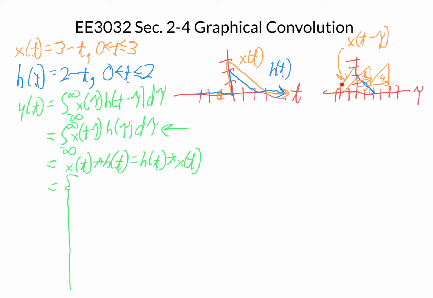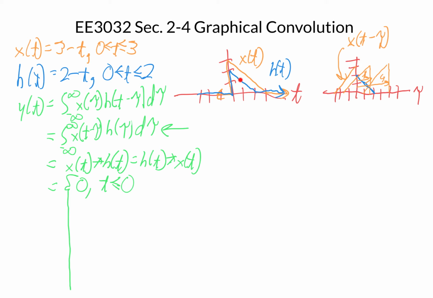So when I multiply the orange function, which slides to the left, by the blue function, there is no overlap, and when I integrate it, I will get 0. So in that range, I'm going to have 0 when t is less than or equal to 0.